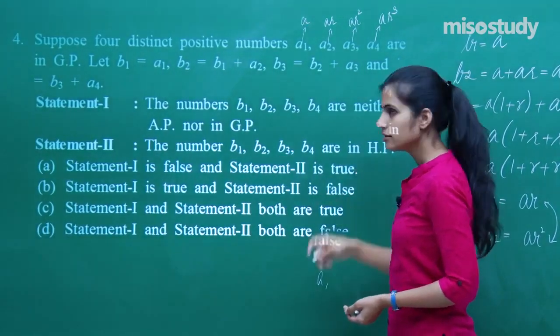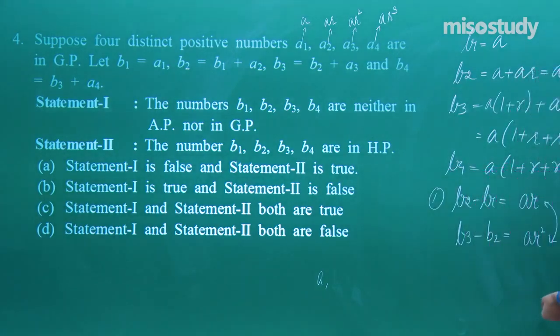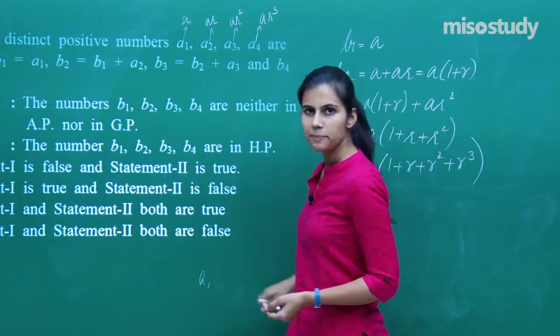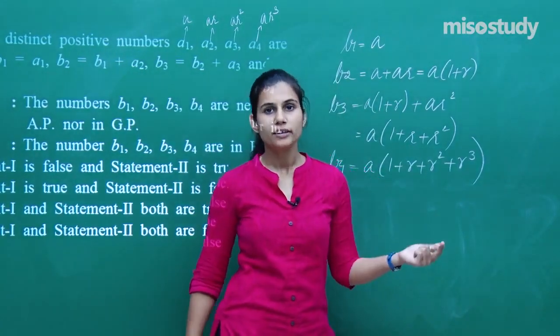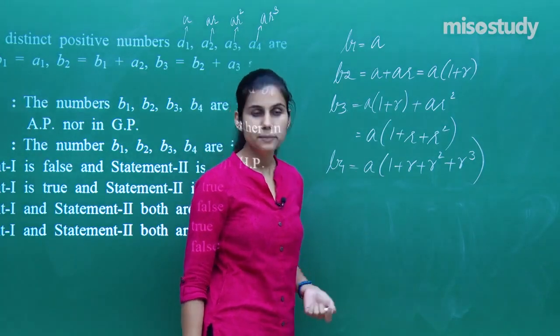Are they in HP or not? For HP, what do you check basically? That the reciprocals should be in AP. So B1, B2, B3, B4 are in HP or not? That means 1 by B1, 1 by B2, 1 by B3, 1 by B4 are in AP or not?